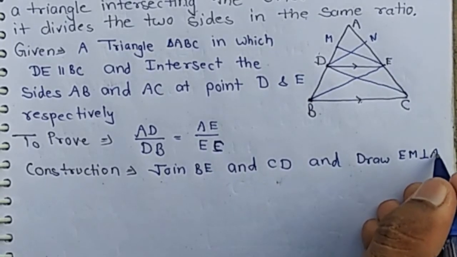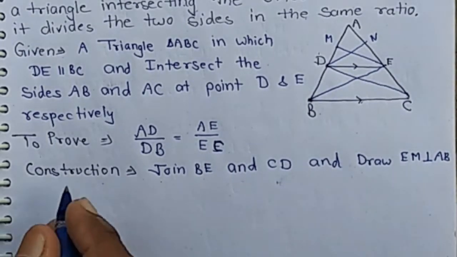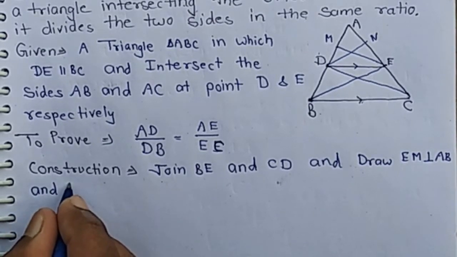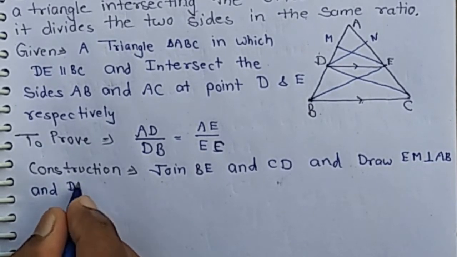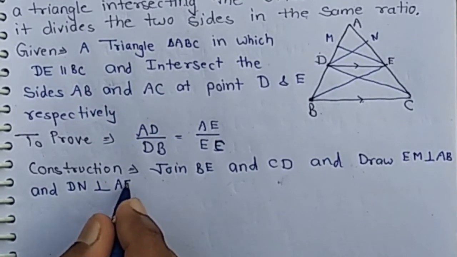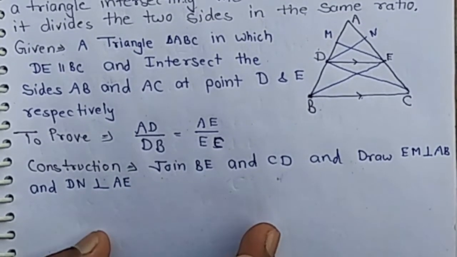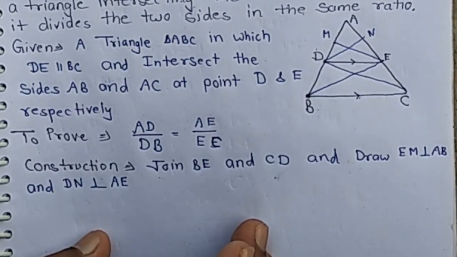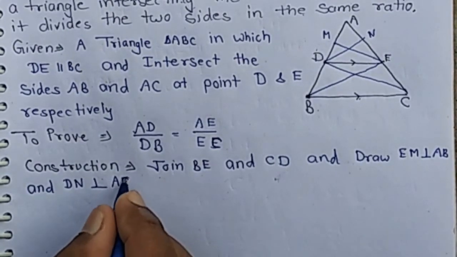AB or AD both are the same, and DN is perpendicular to AE or AC.